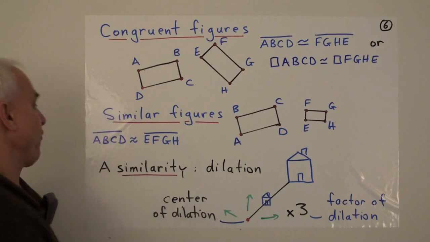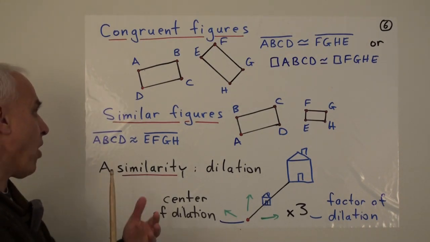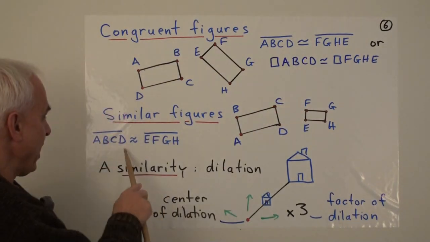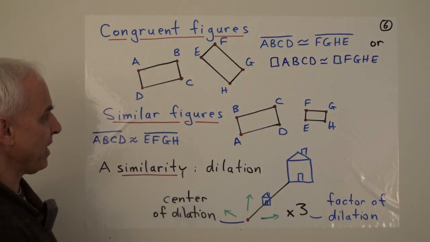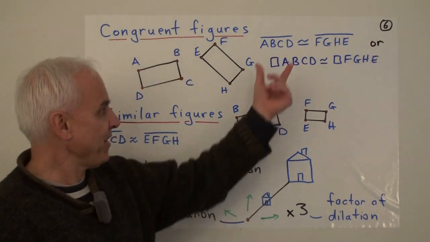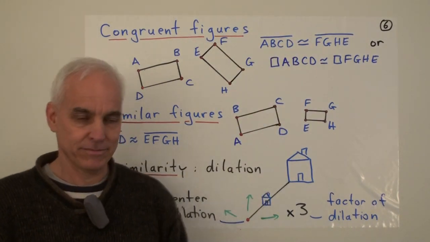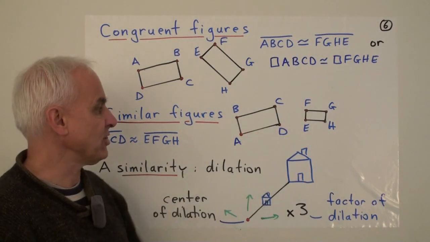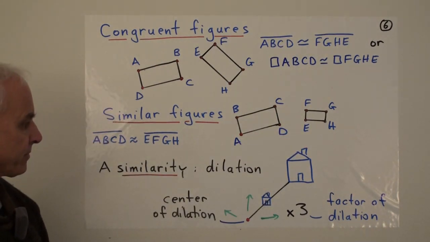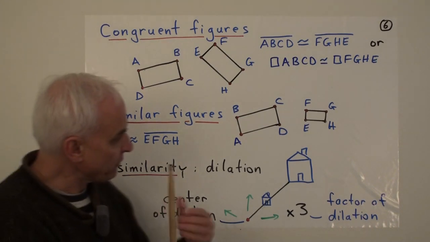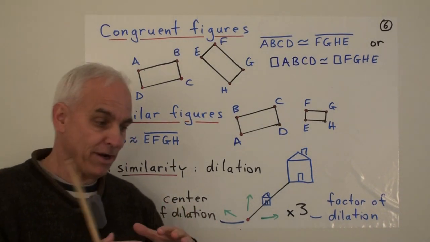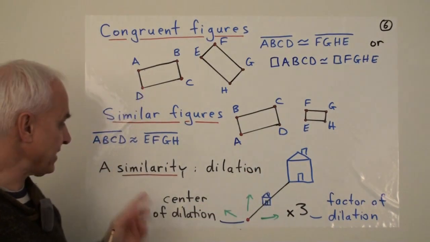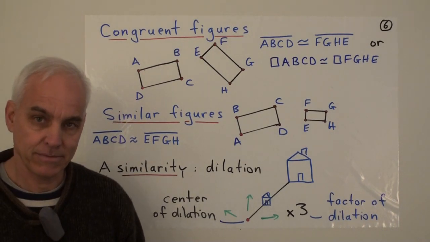And we use a different equality. Instead of having a sort of half equal sign there, we have two wavy lines, meaning that they're somewhat a little bit less equal than these two are up here. But there's still a close connection between these two figures. And this kind of relation, when we're allowed to expand or contract, that's sometimes called a similarity.